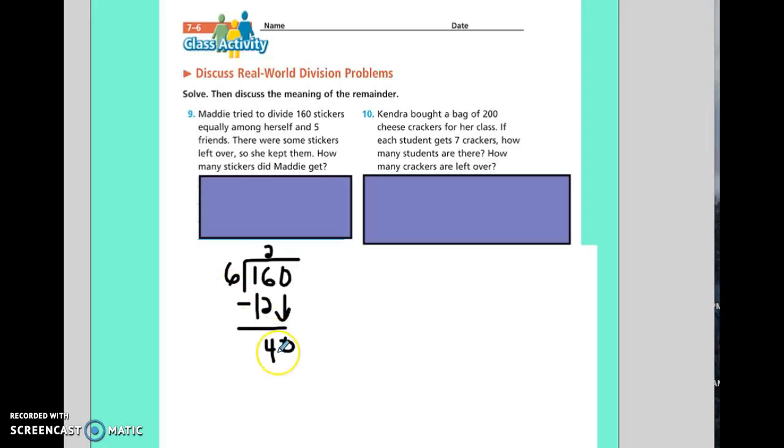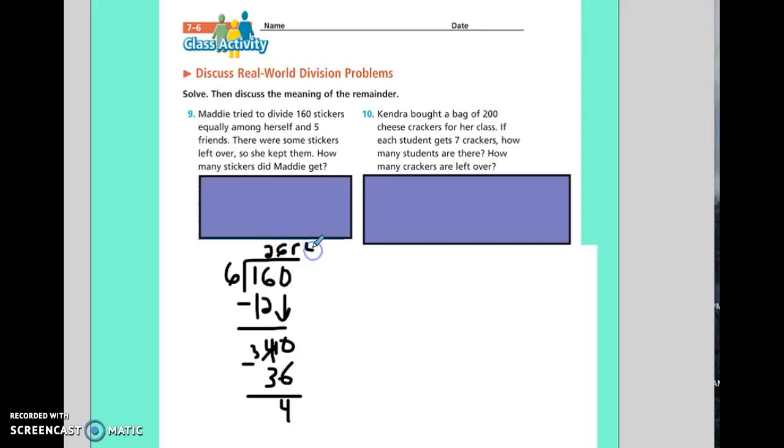Then I go 6 into 40, which 6 goes into 40 6 times. 6 times 6 is 36. And then I subtract. I'm going to end up with 4. I borrowed here to make this a 3. So 10 minus 6 is 4. So I end up with 26, remainder of 4.